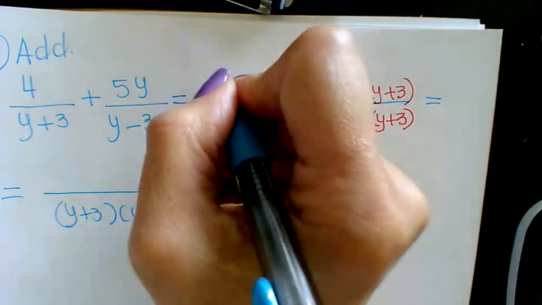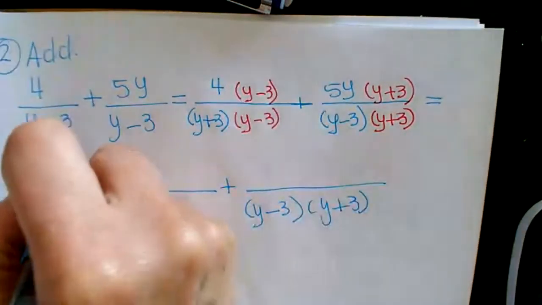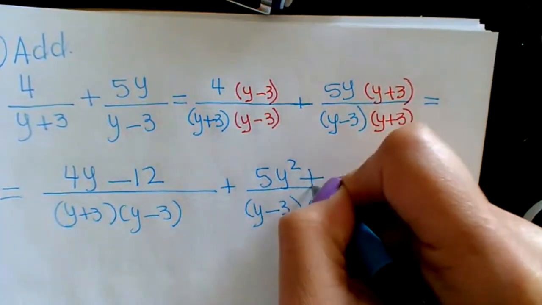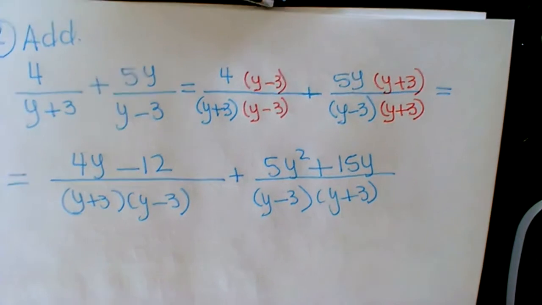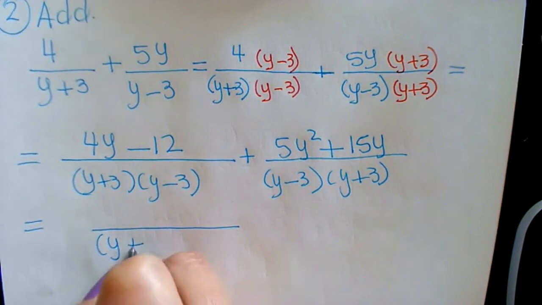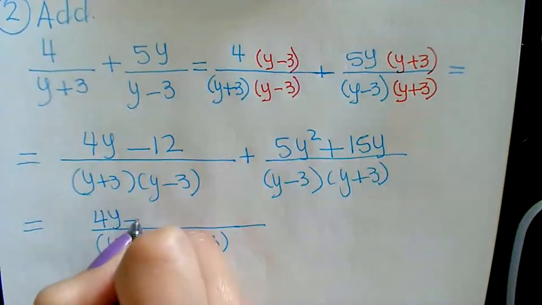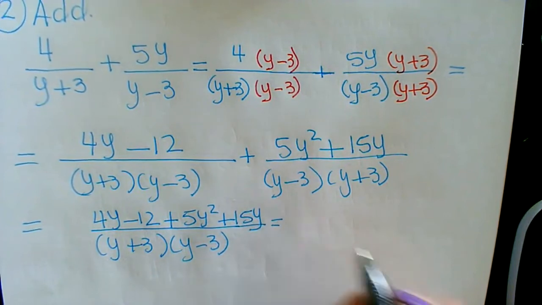Okay? Combine, distribute, no, not yet. Let's do it like this. It's going to be 4y minus 12, and this is going to be 5y squared plus 15y. Now, I do have the same denominator, y plus 3, y minus 3. This is going to be 4y minus 12 plus 5y squared plus 15y.